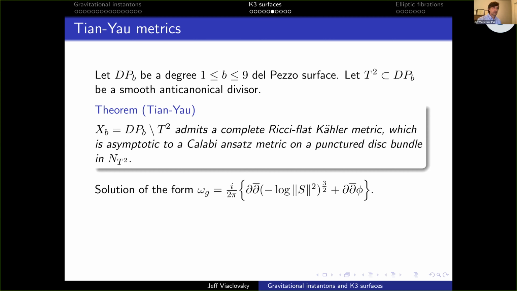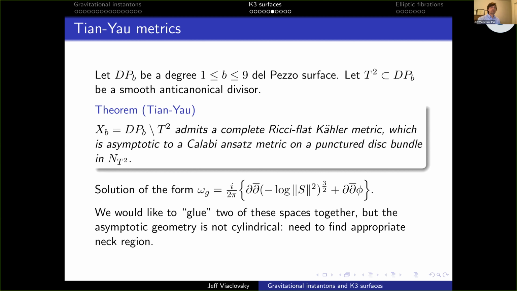Just roughly, they constructed a solution by solving a Monge-Ampère equation. They took the log of the norm squared of a defining section of the divisor, to the 3/2 power, dd bar. That was the base approximately Ricci-flat metric, and they were able to add dd bar of a function to find an exactly Ricci-flat metric.